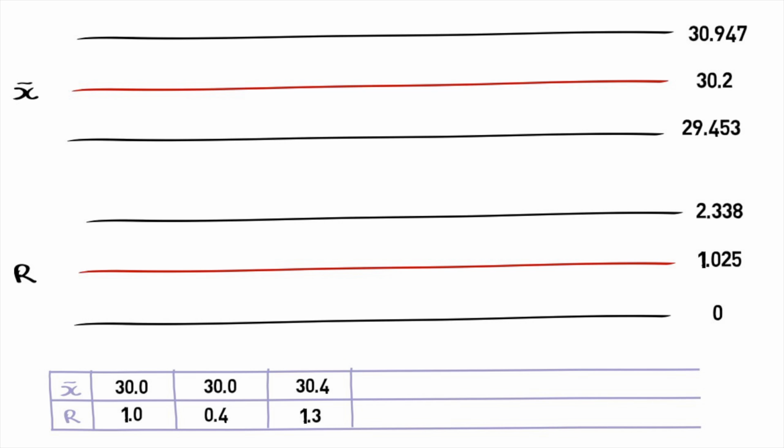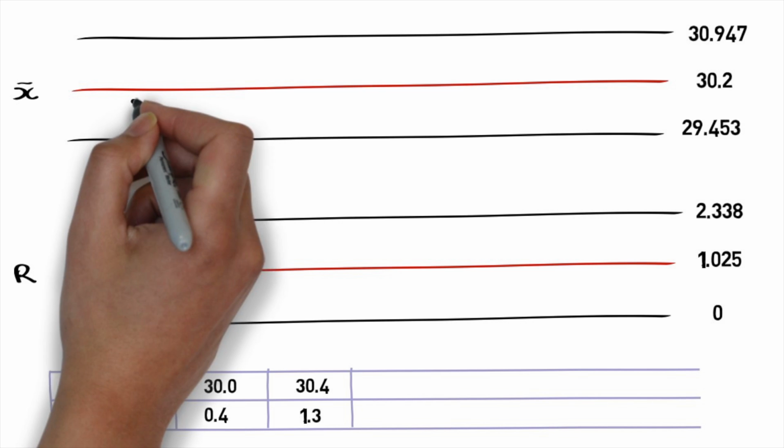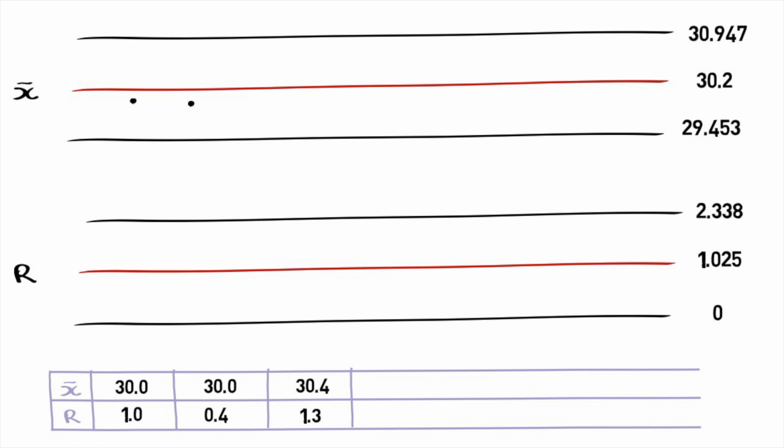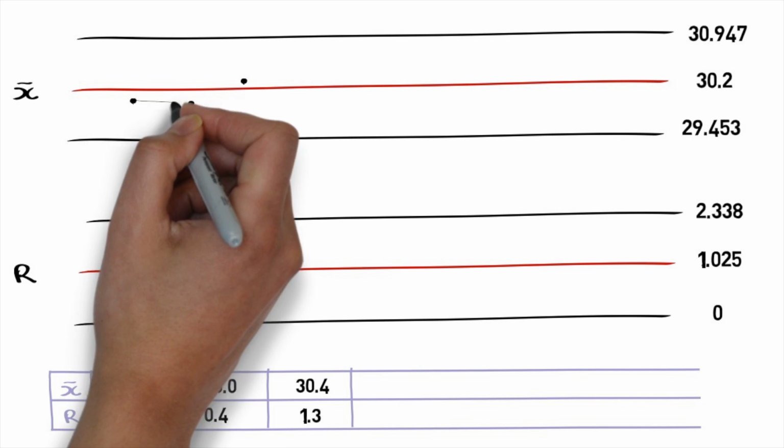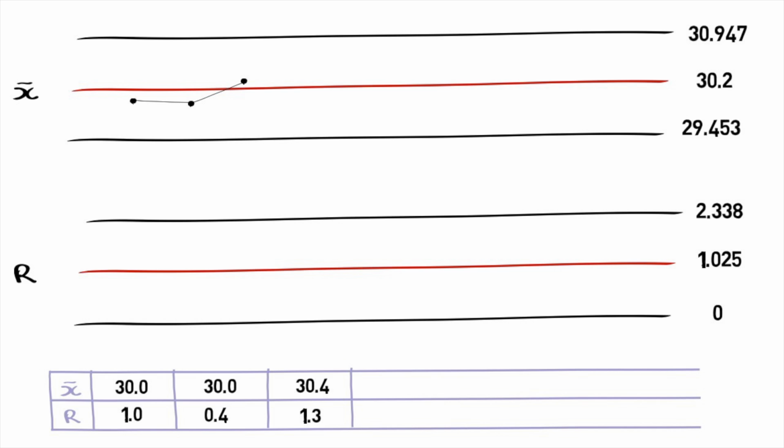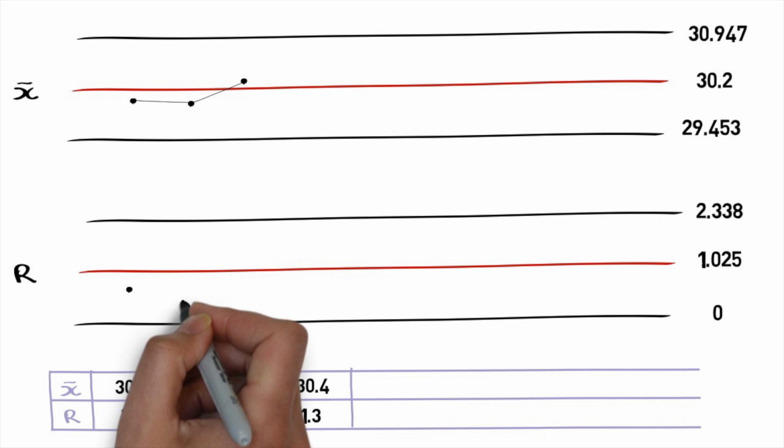We will plot our subgroups in relation to these control chart limits. We will plot the X-bars for our subgroups and join them up with straight lines. We will then do the same for our range chart.